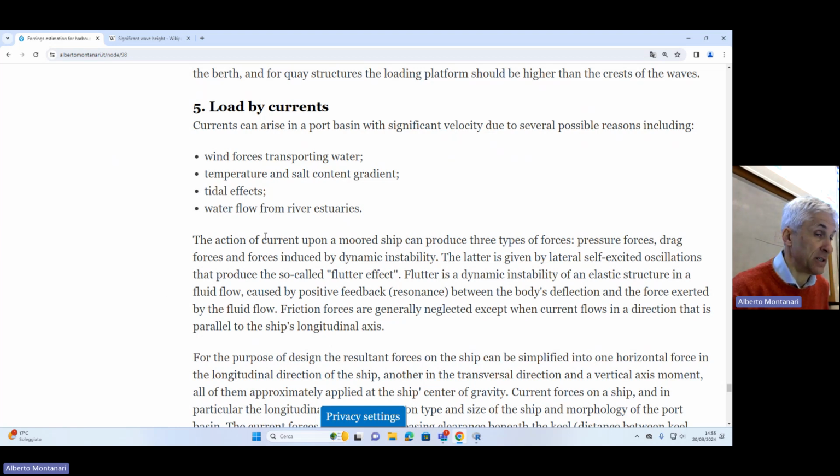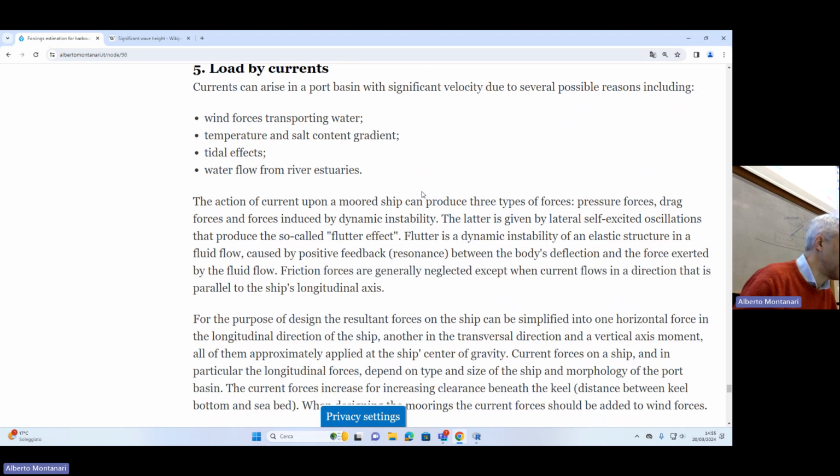Usually, we should consider three types of forcings. Besides the pressure and drag, there is also the forcing caused by dynamic instability, the flutter effect, resonance. We forget about resonance here. The only thing that I would like to mention is that currents can have periods.